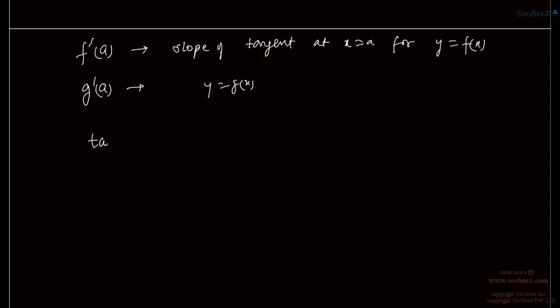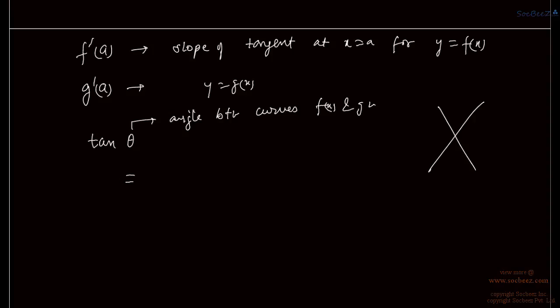So we have tan theta, where theta is the angle between curves f(x) and g(x). If the slope of one tangent is m1 and another is m2, then we can write the angle between these two curves as theta is equal to tan inverse of modulus of (m1 minus m2) upon (1 plus m1 m2).